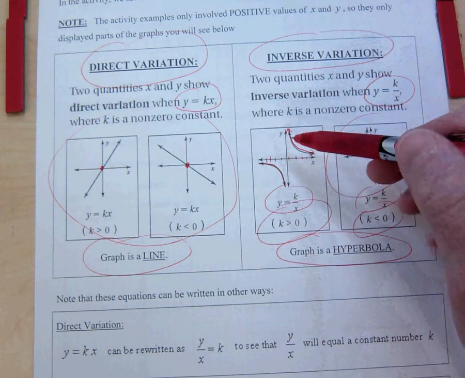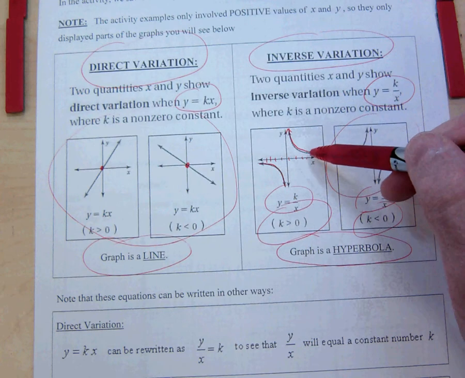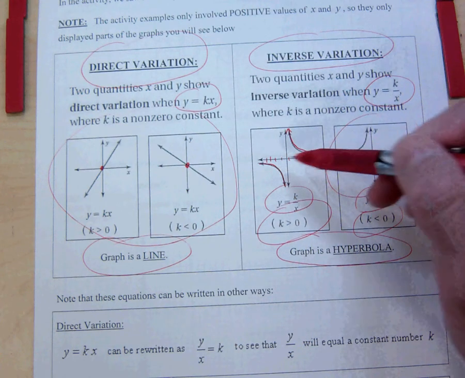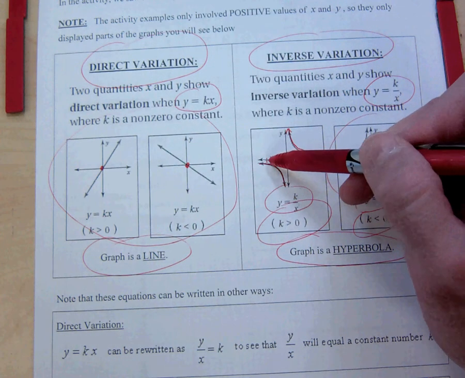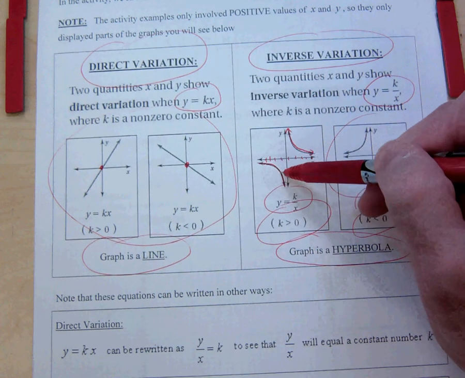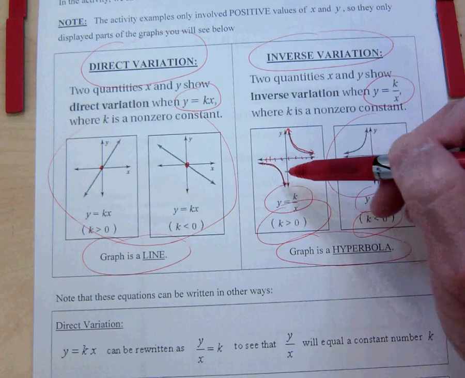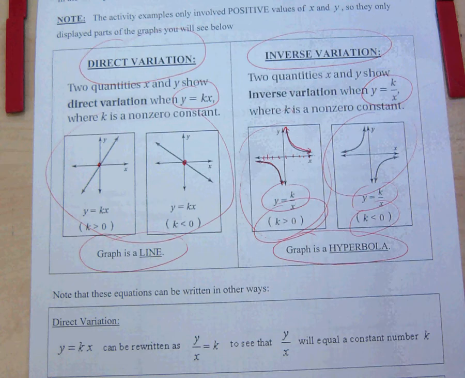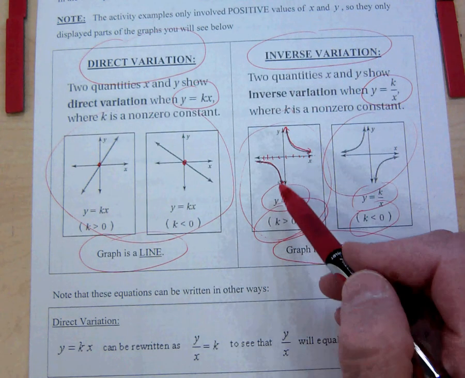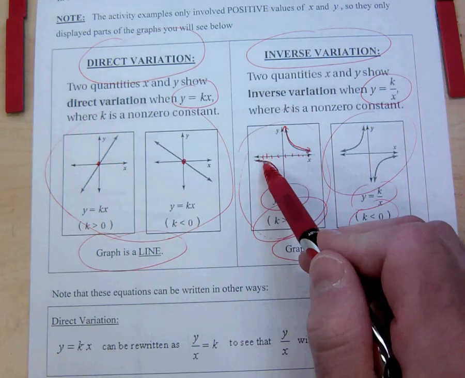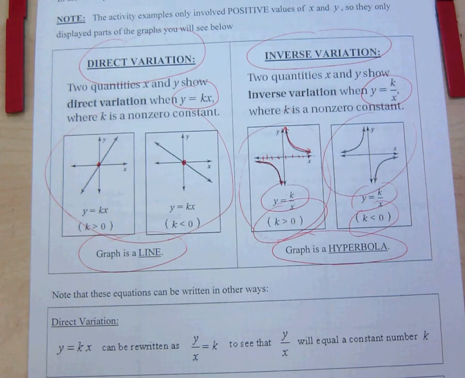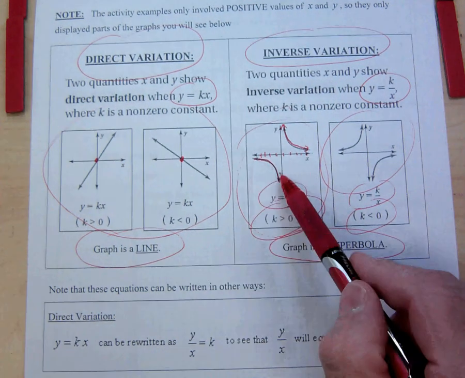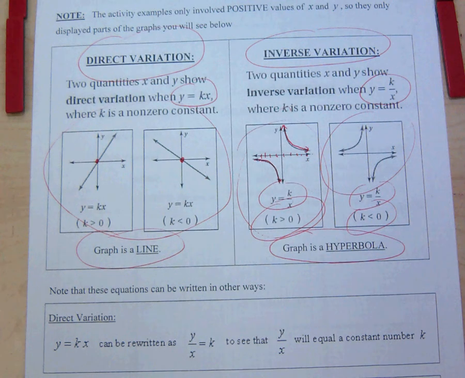In the activity, you saw the one piece look like this when you only plugged in positive x values. If I had continued that table and used negative x values, the points would have been down here. So that's just the other piece of this type of situation that you didn't see in the activity, because we only used positive x values. But if you use that same equation and use negative x values, you would have seen the points would have been down here. Okay? And that just gives you the other half of the hyperbola. That's all. All right.